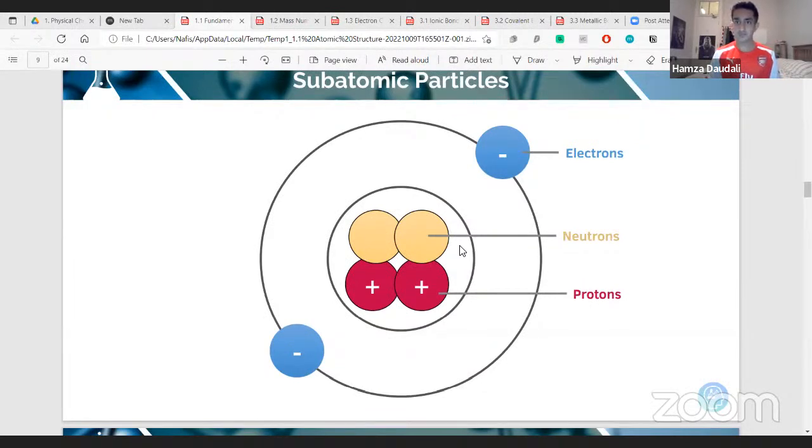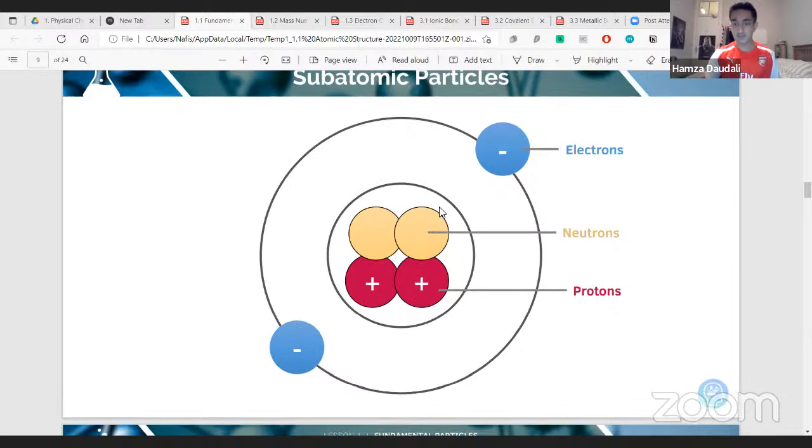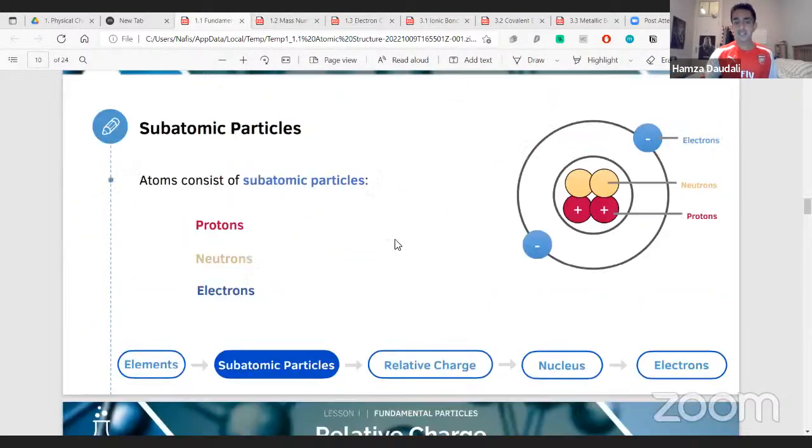Net charge. An element should be neutral, right? An element should be neutral. And that is to do with the relative numbers of subatomic particles within the atom of the element. So atoms consist of protons, electrons, and neutrons.